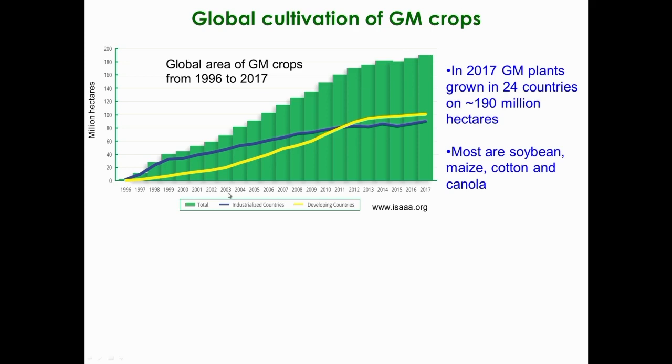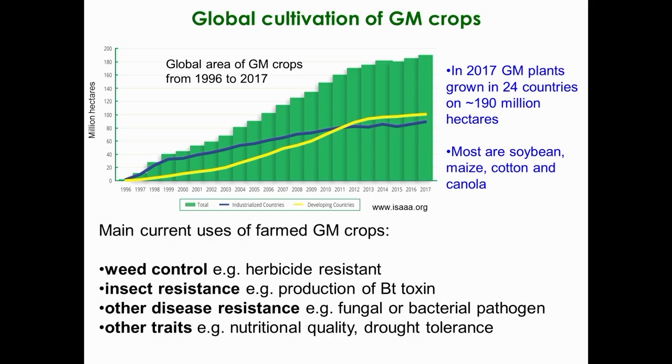This is equivalent in both industrialised countries, particularly North America, and in so-called developing countries, so parts of South America, Africa, China and other parts of Asia. These are mostly soybean, maize, cotton and canola.